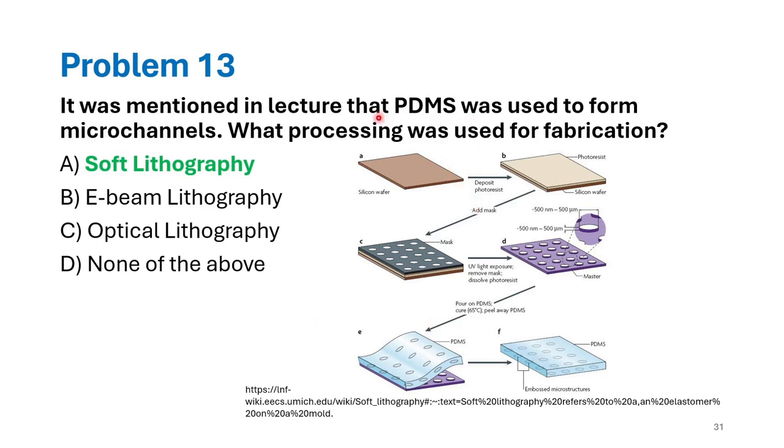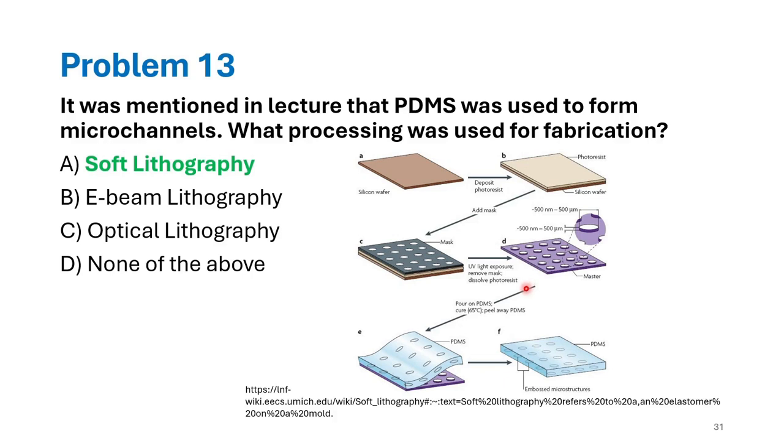Okay, so here in this figure we have a mold that is made of silicon wafer. So first we have a silicon wafer, we coat a photoresist on it, then we add a mask on it, then we remove the mask and dissolve the photoresist.